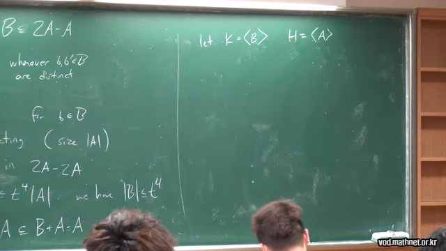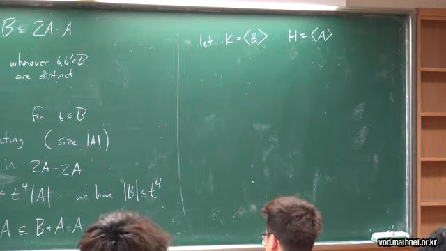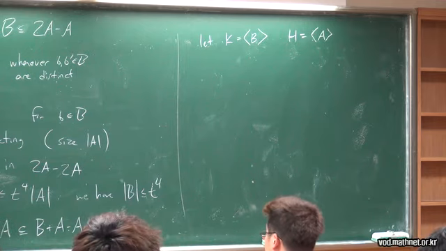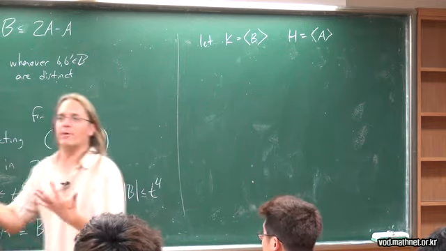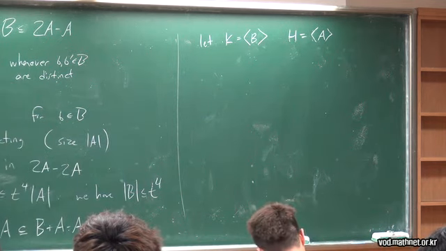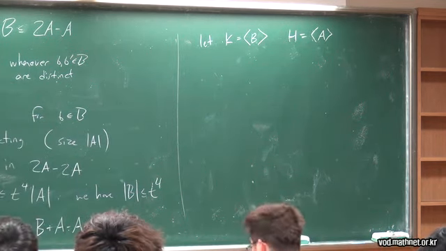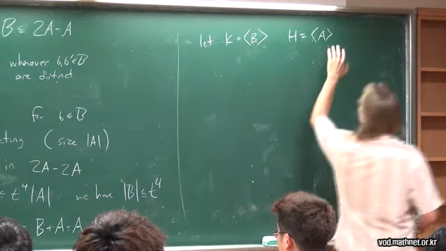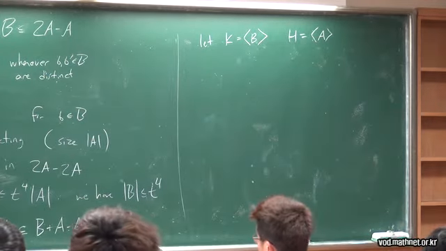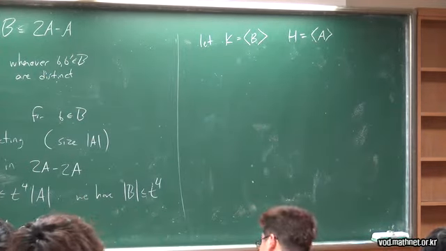It's always the smallest one. We've written this in a way that's a little coy. But the problem is you have this sort of splatter of points. It's not obvious what that subgroup should be. Anyway, K is the subgroup generated by B, and H is the subgroup generated by A.